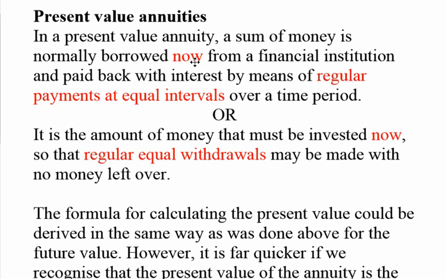It's the money now, present amount of money, from a financial institution and paid back with interest by means of regular payments at equal intervals over a period of time. Or it could be the amount of money that is invested now, so that you can make regular equal withdrawals. The most important thing is that it happens now. You get the money now.